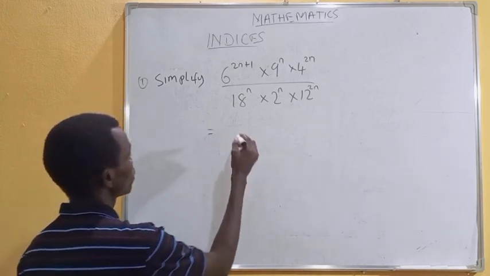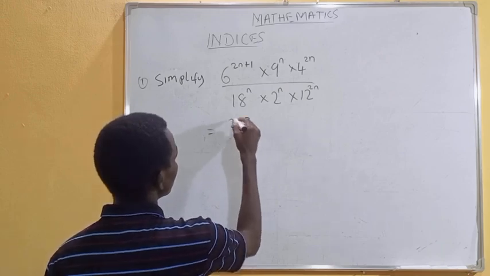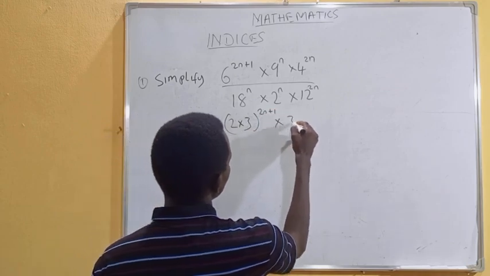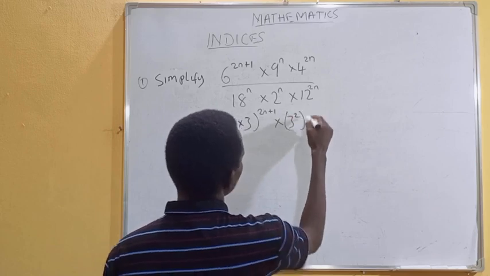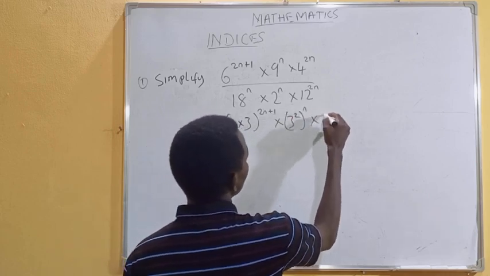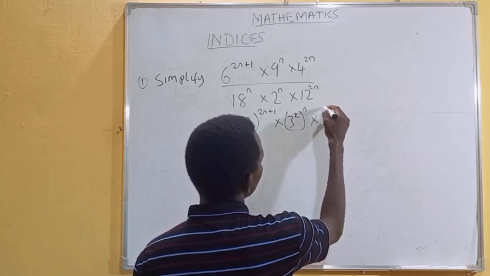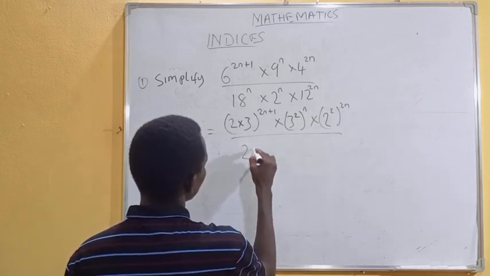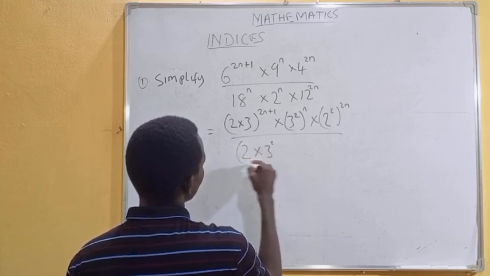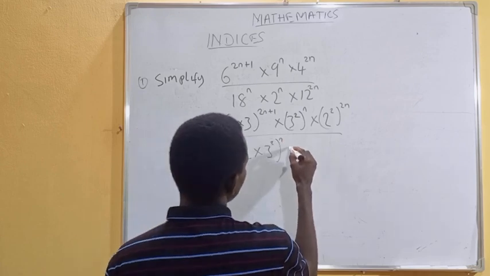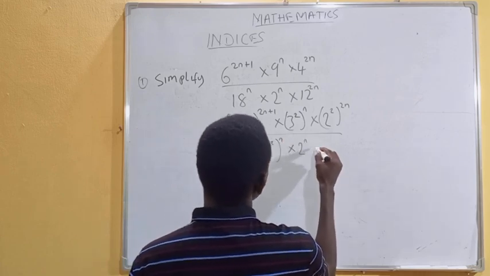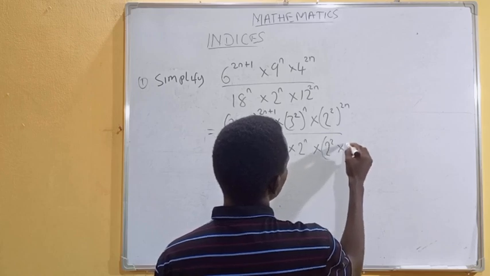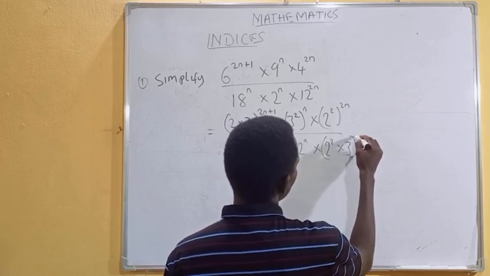So the question will now be 2 times 3 raised to the power 2n plus 1, times 3 squared raised to the power n, times 2 squared raised to the power 2n, divided by 2 times 3 squared raised to the power n, times 2 times 2 squared, times 2 times 3 all raised to the power 2n.